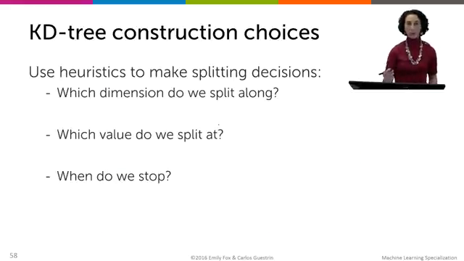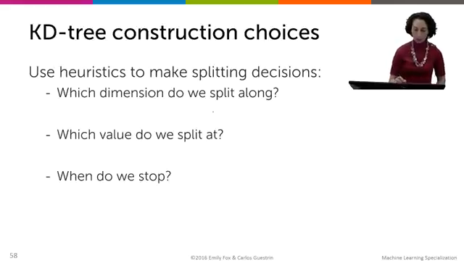But there are lots of important choices. That's kind of been the theme of this module, and it continues to be true even when we're talking about these data structures like KD trees. So examples include how are we going to figure out which dimension to split on, what value to split on, and when are we going to stop splitting? And in practice, people just use heuristics for this.